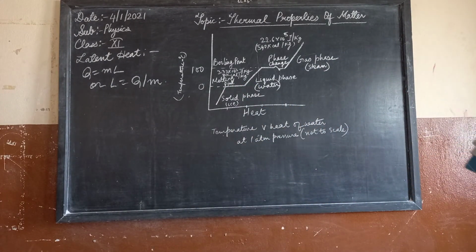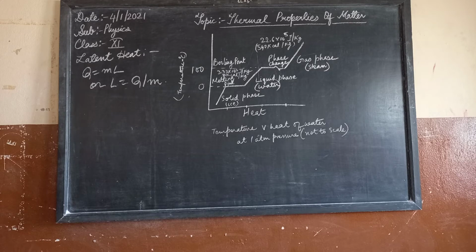The plot of temperature versus heat quantity of the substance is shown in figure 11.12, which is already drawn on the blackboard, and I have already shown you the melting point, boiling point, gaseous phase, liquid, and the solid phase.